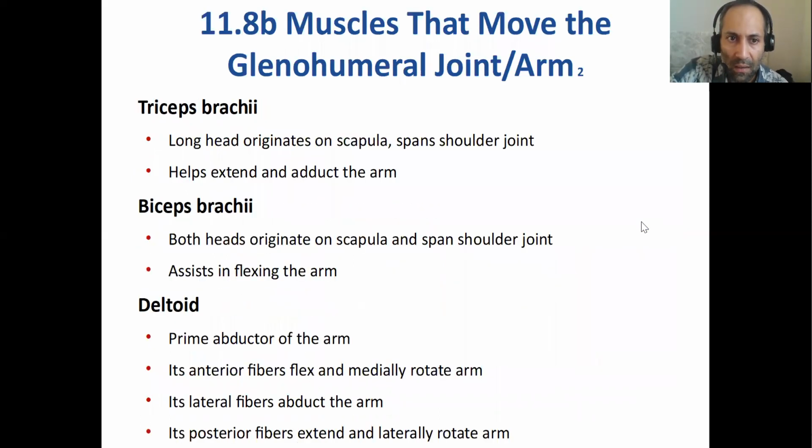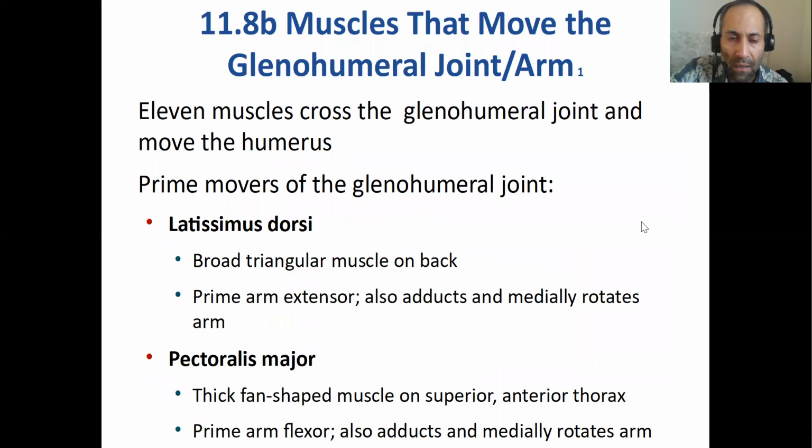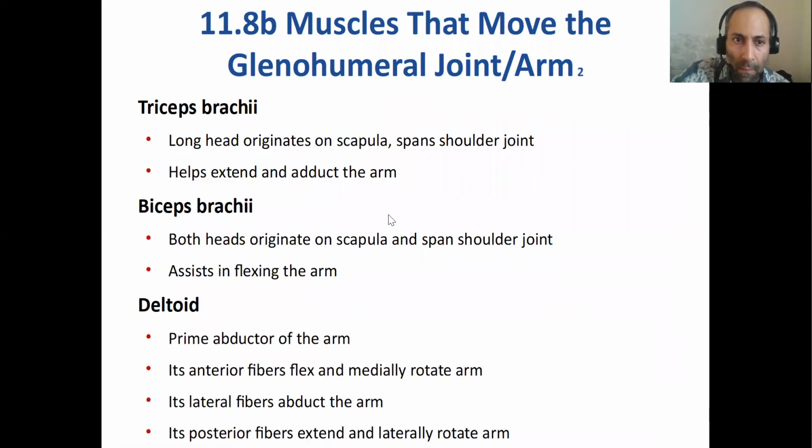So these are important notes. For your latissimus dorsi, as an example, it's your arm extensor, also adducts and medially rotates the arm. The pectoralis major flexes your arm, basically, right? And also adducts and medially rotates the arm. All right.